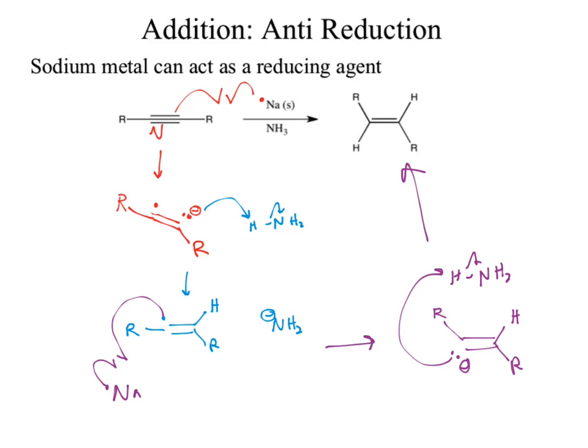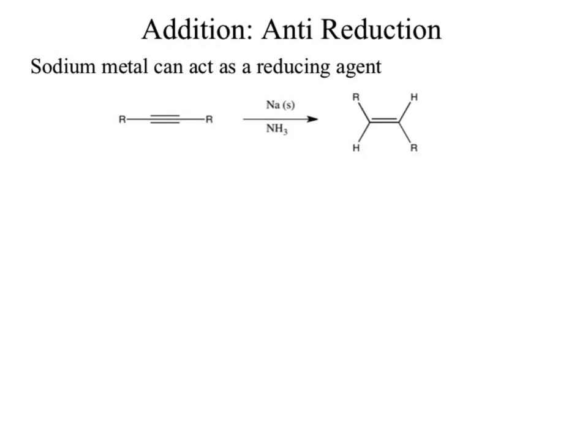So all sorts of fun stuff is happening in it. What do you need to remember? That. Sodium and ammonia react with the triple bond to form the trans alkene. Okay. The alkene is not reactive enough to react with sodium, so it stops at the alkene and we're done.